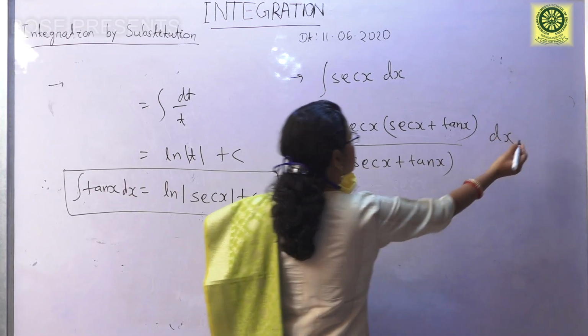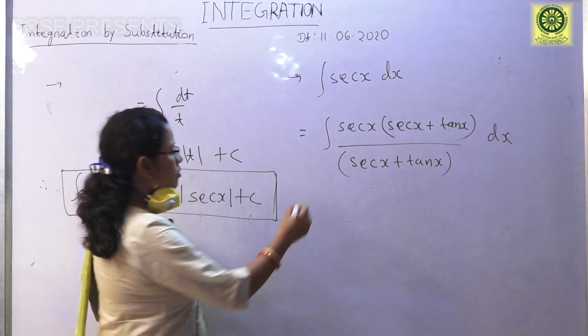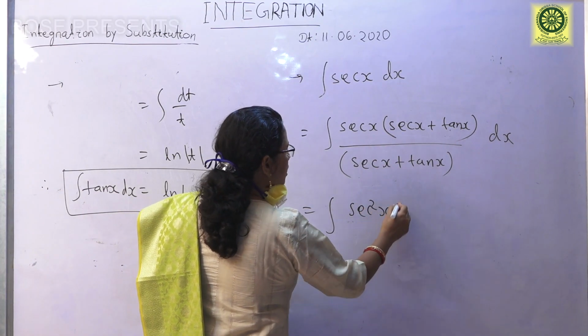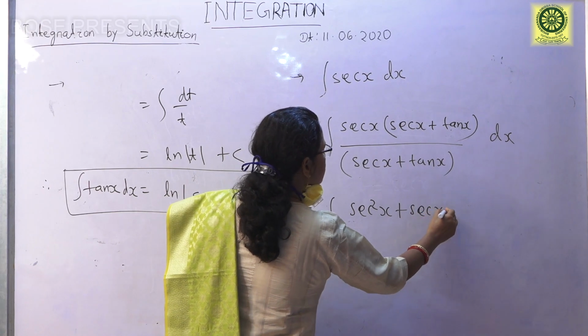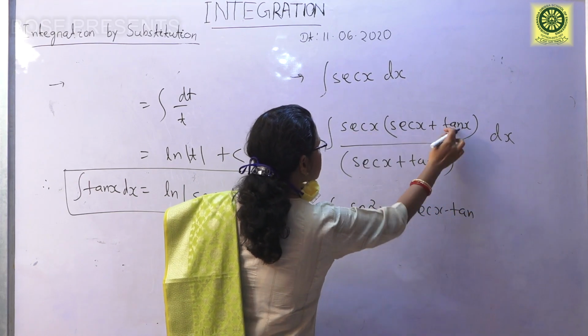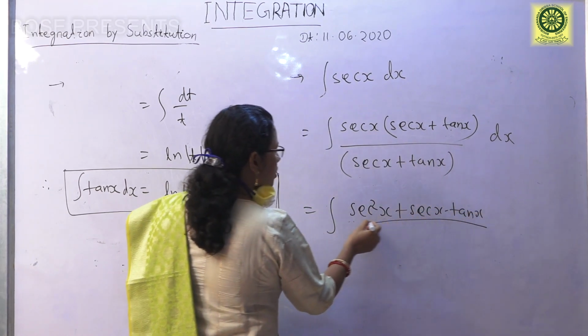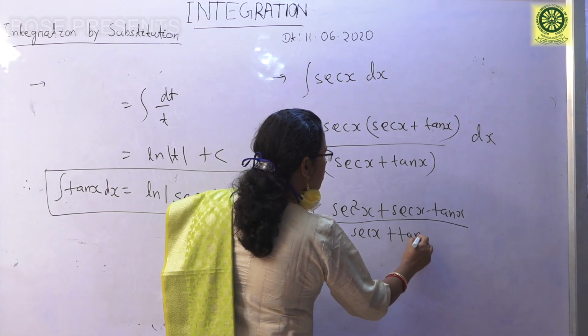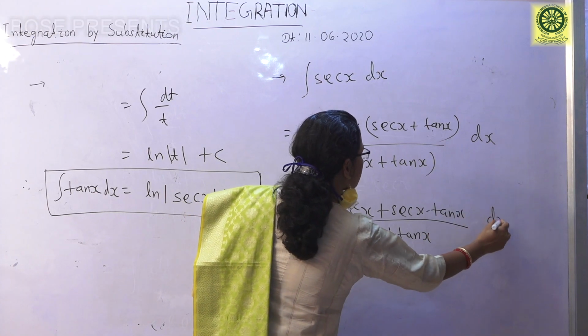Then your numerator becomes sec x into sec x, which is sec square x, plus sec x into tan x, divided by sec x plus tan x, dx.